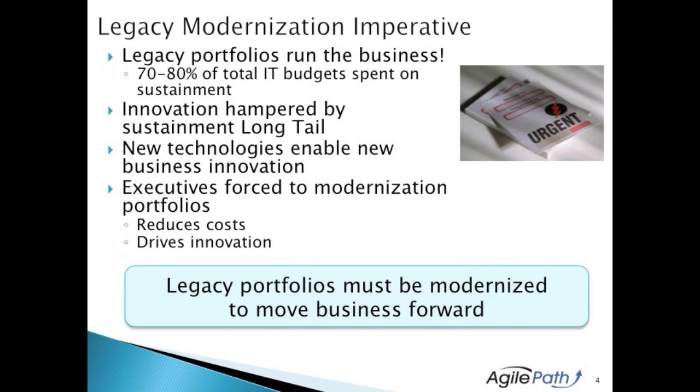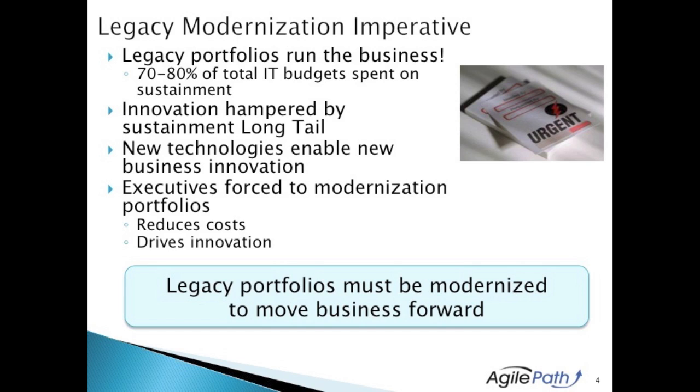Of course, we all know that the legacy portfolio stifles innovation primarily because it consumes 70 to 80% of the IT budget. Just right off the top, keeping the lights on and running the business is where 70 to 80% of the IT budget is spent. That means you have a whole lot less to do strategic work, innovation work, and R&D within the IT organization.